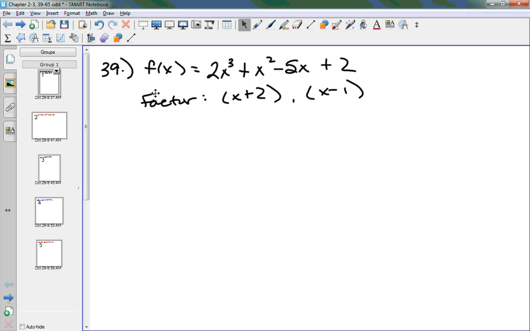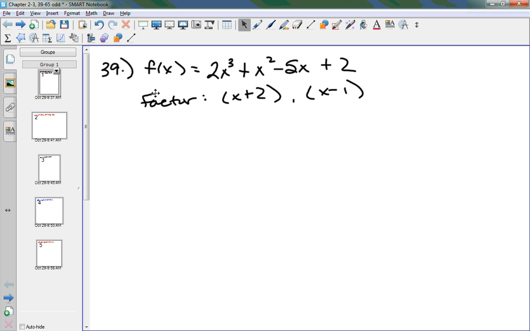No. What have we learned this section? We've learned synthetic division. So wouldn't it make sense that we need to use synthetic division? How do we prove that something is a factor using synthetic division? If the remainder is 0, then the thing is going to be a factor.